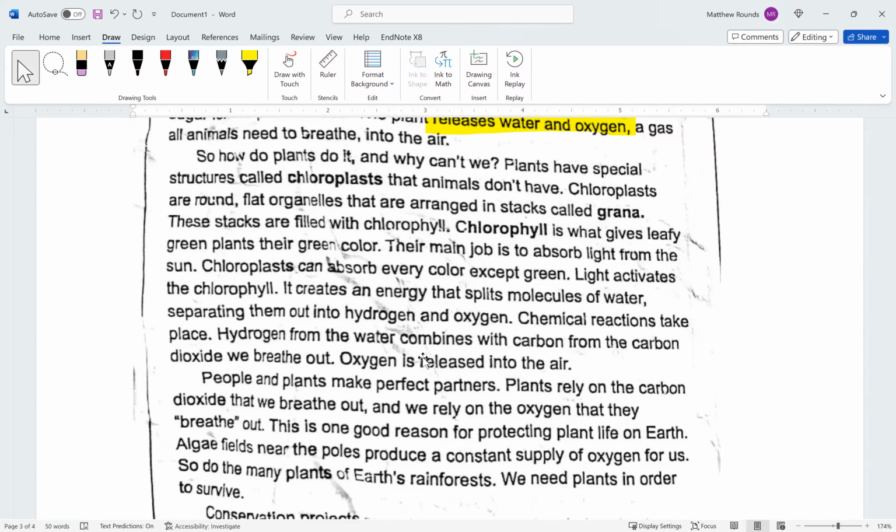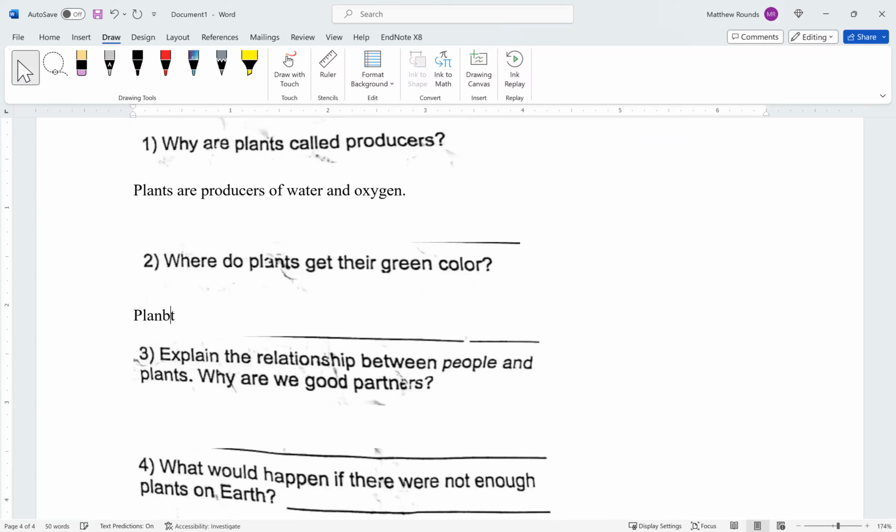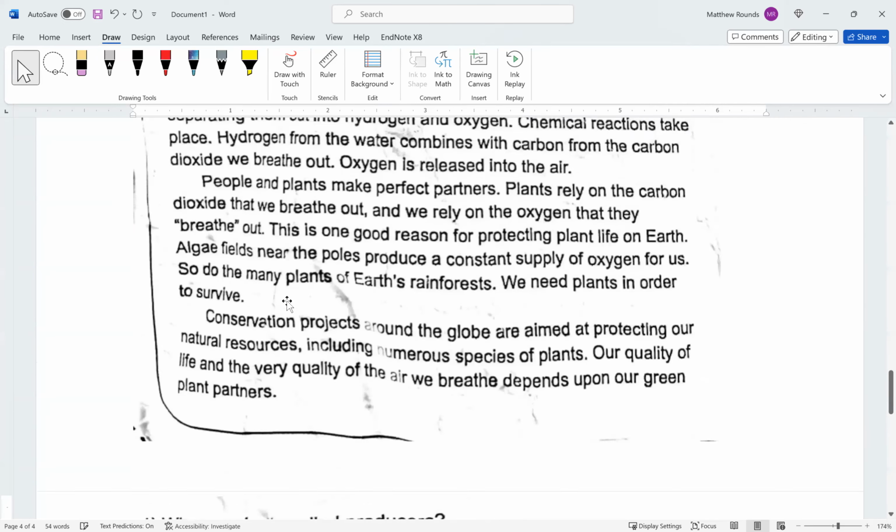and we'll write a little bit more than that. Plants contain chlorophyll. And why is this misspelled? Chlorophyll.